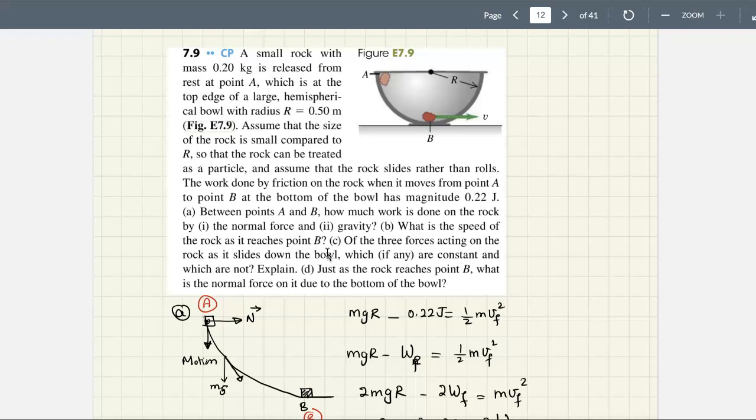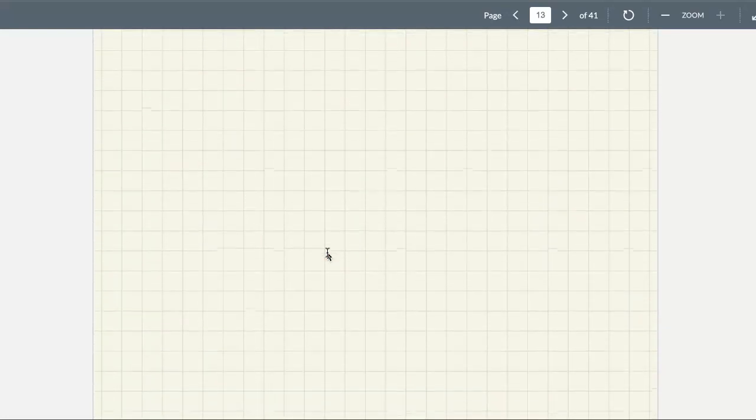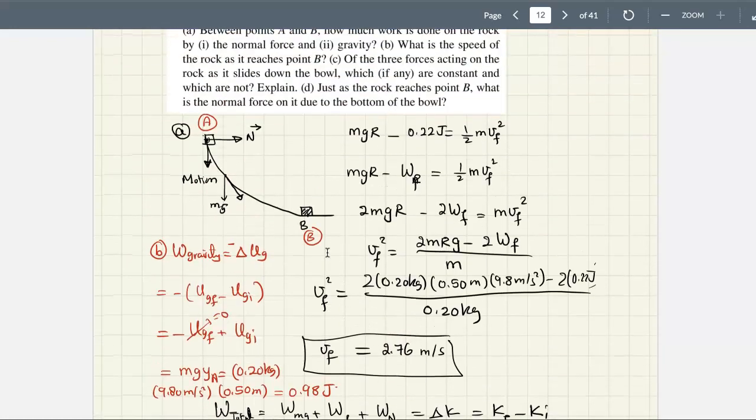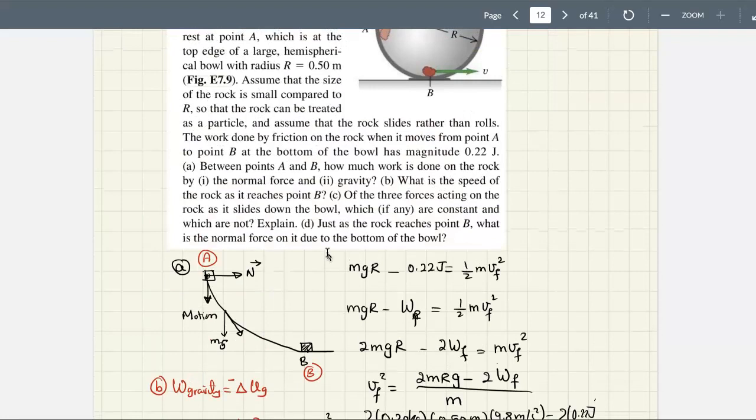What is the speed of the rock as it reaches point B? Of the three forces acting on the rock as it slides down the bowl, which are constant and which are not? Of course, we said the force that is constant is the mg, and the normal is not constant, and therefore Fk also is not constant.